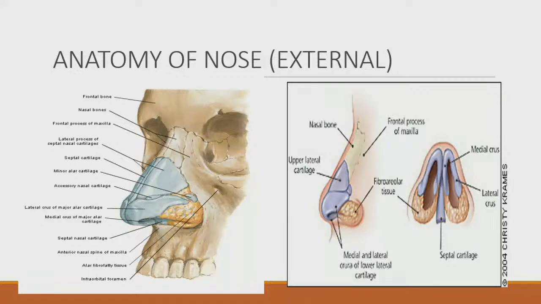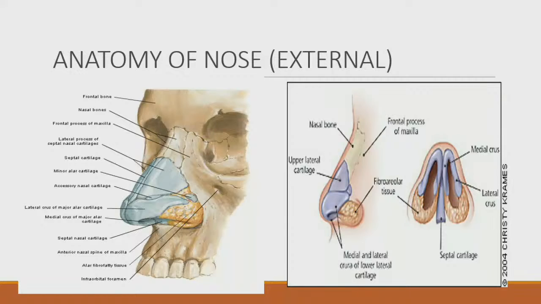The osteocartilaginous framework is made up of nasal bones as the osseous part, and the cartilaginous part is made up of the following cartilages. First, the upper lateral cartilage.